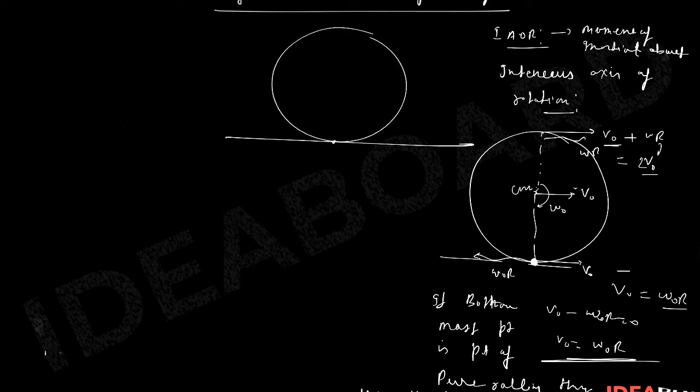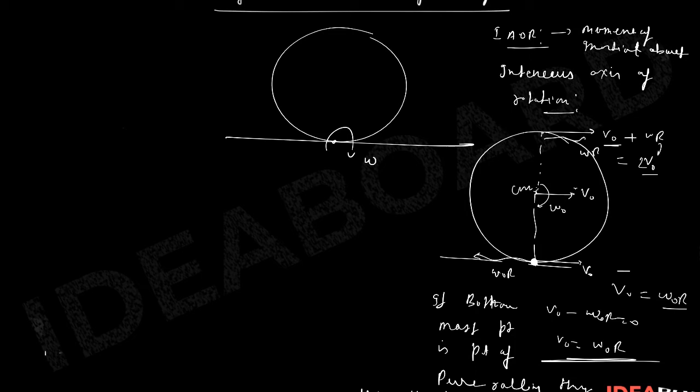So we know that V naught will be the velocity of translational motion, and because of rotation there will be omega R. So this will be 2 V naught, because omega R is equal to V naught here. But if you apply the method of instantaneous axis of rotation, you can assume this body is instantaneously rotating about this point. Actually this is not happening, but instantaneously you can assume this.